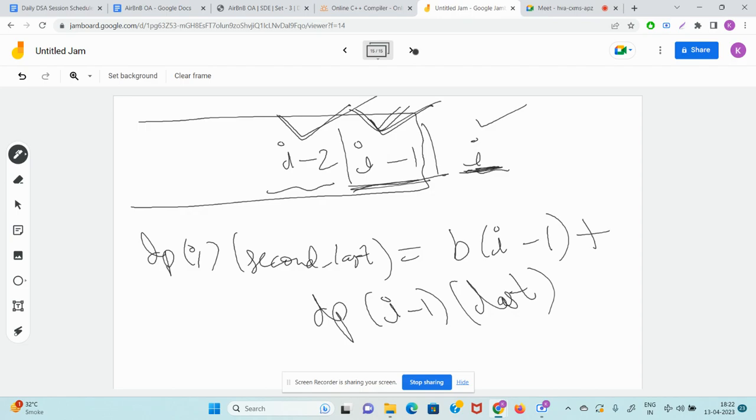Okay, so the answer for that is dp of I minus 1 last. But in this, now one term was being considered extra, that is a of I minus 1. That's why I'm subtracting a of I minus 1.